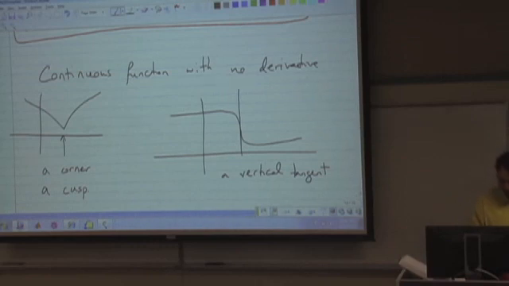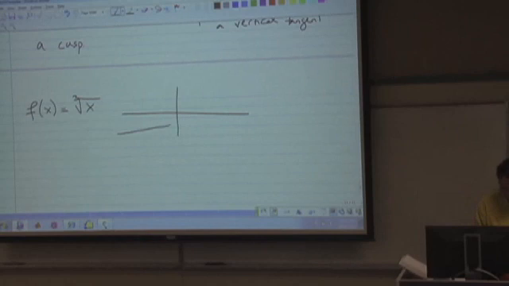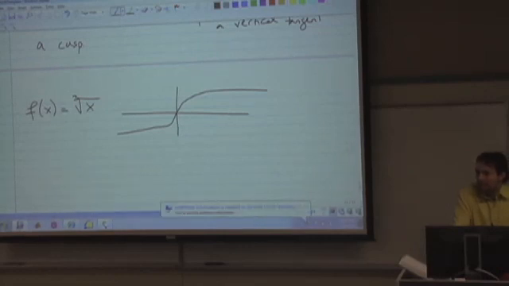Well, f of x equals the cube root of x has a graph that looks like this. As it turns out, my graph doesn't really represent that, but it has a vertical tangent at 0. Okay?